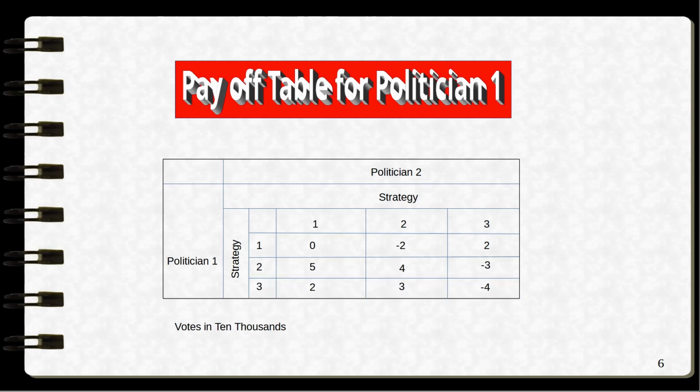In strategy number 3, as you can see here, he stands to lose 40,000 votes if politician 2 also uses strategy 3. If you take the worst case scenario for politician number 1, it is that he stands to lose 40,000 votes in case politician number 2 uses strategy number 3. So, this is a strategy he would avoid.